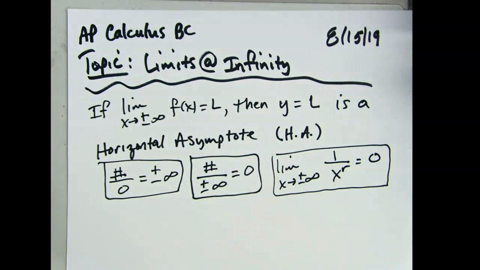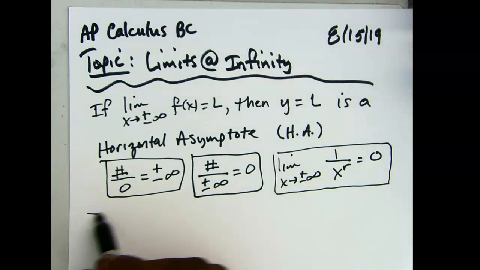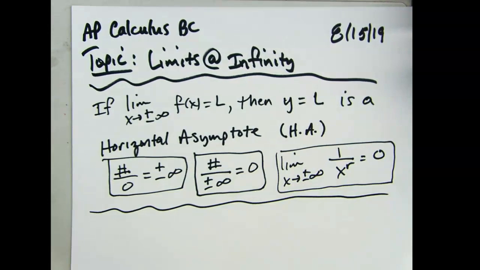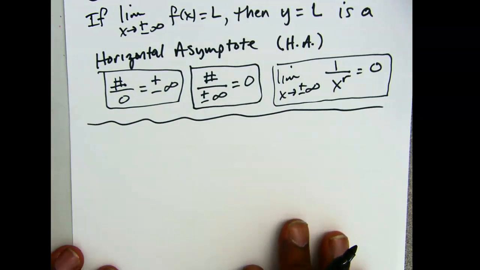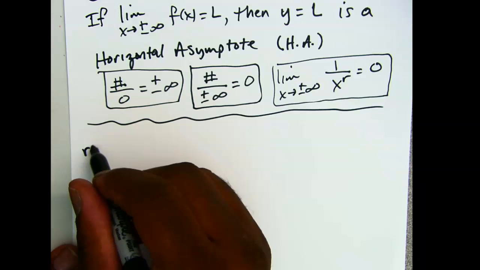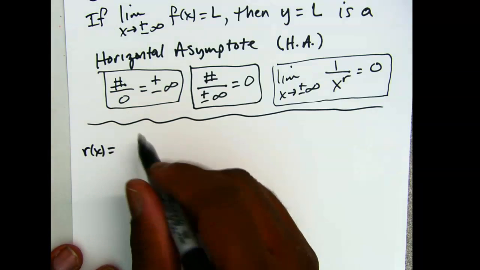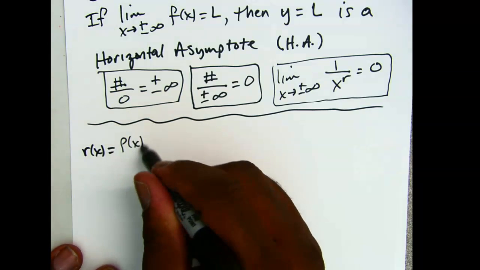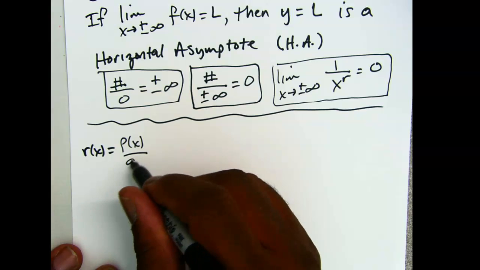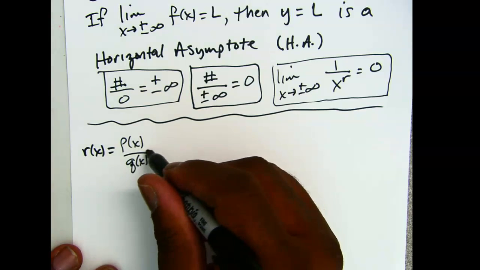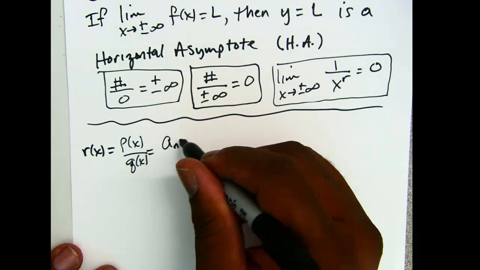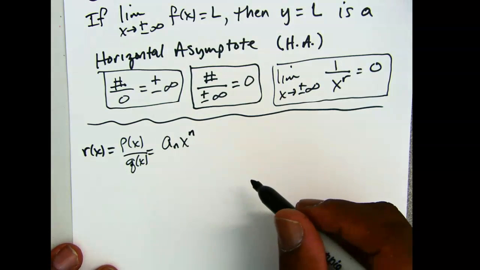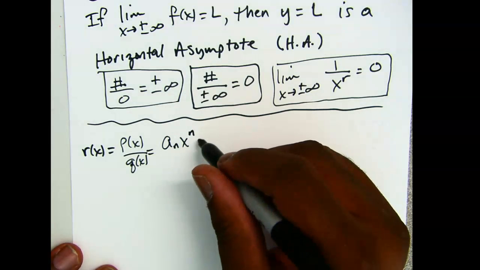Okay. So let's take it back to a little bit of pre-calculus. Let's say you have r of x is equal to p of x divided by q of x. And let's say you have some a sub n x to the n, so an nth degree polynomial in the numerator.